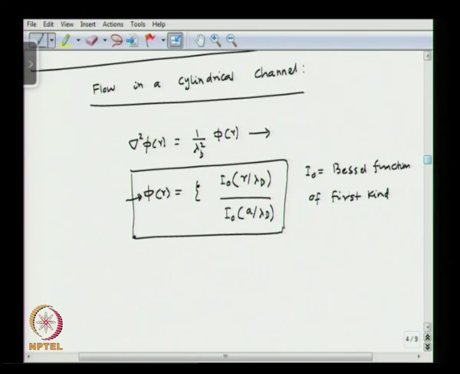I0 is the Bessel function of the first kind. And V you can write is a function of r, but in the x direction. So, this velocity is in the axial direction.